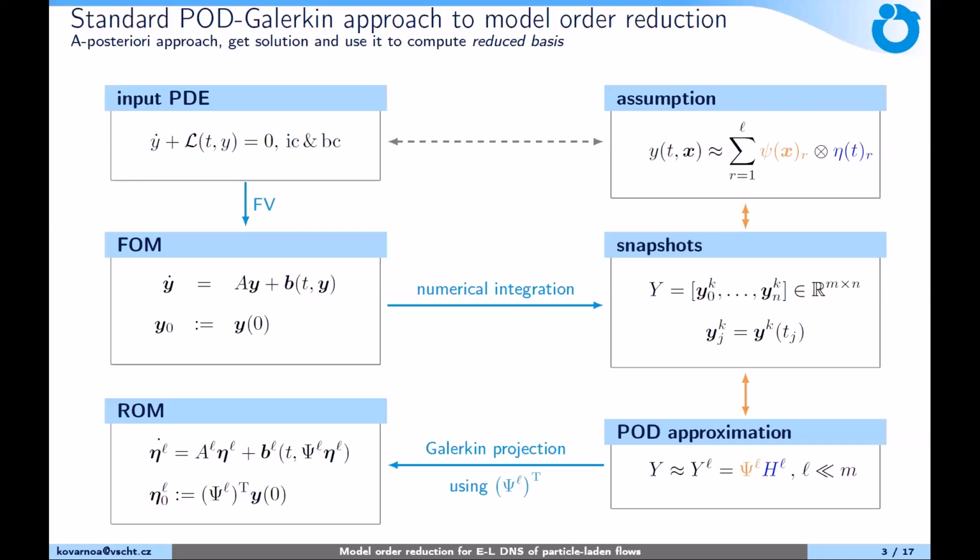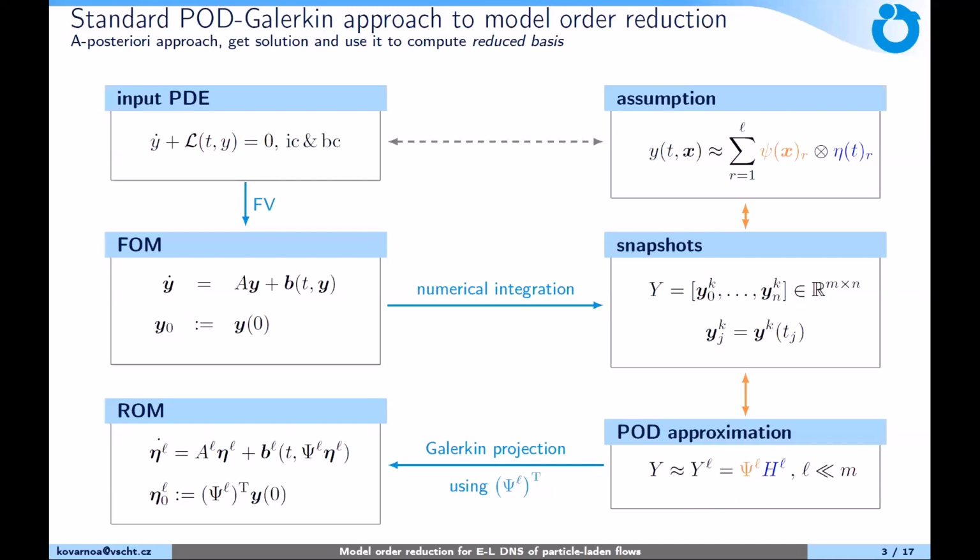From POD, we get this matrix of the spatial modes psi, where each column of this matrix corresponds to one spatial structure, and this matrix eta of their time-dependent amplitudes, the coefficients of the linear combinations, where each row of this matrix corresponds to one time-dependent amplitude. The columns of this matrix psi are orthonormal vectors.